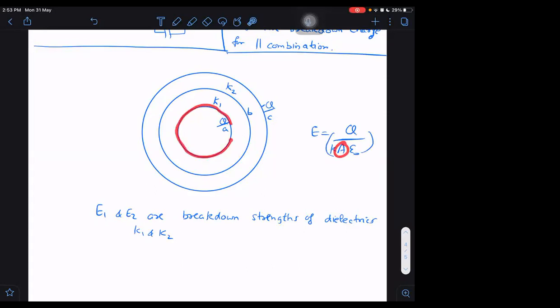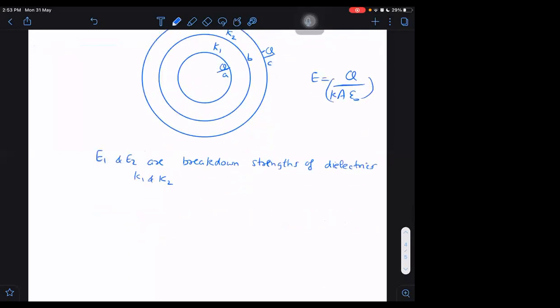So if it starts getting breakdown, it will start at the inner side. I don't want it to break down anywhere. Therefore, I should look for the inner area. If I want to look for dielectric K2, then I will look at 4 pi B square. If I want to look for the breakdown of dielectric K1, then I will go for which area? 4 pi A square. So tell me, what is the safe charge for the first one?